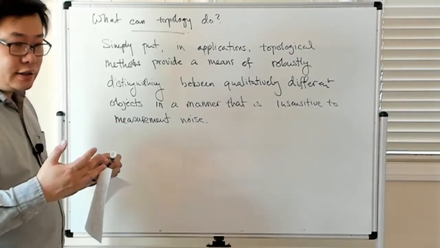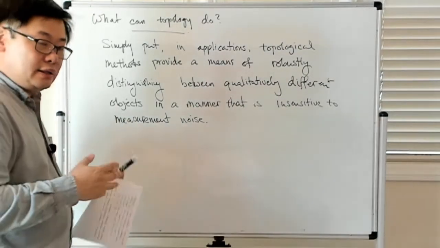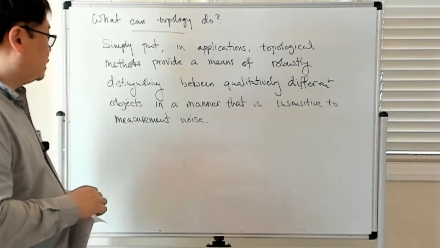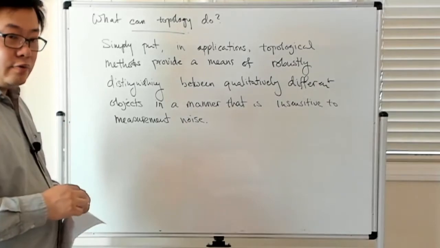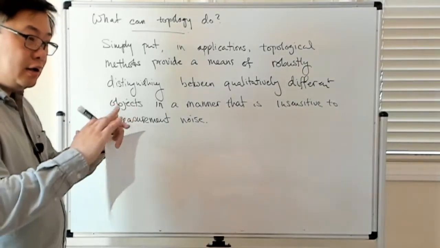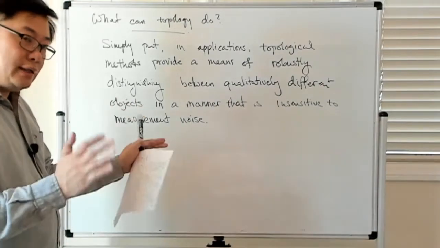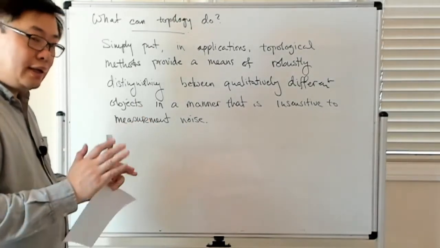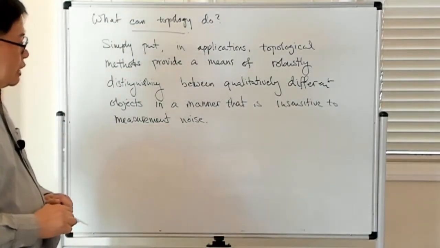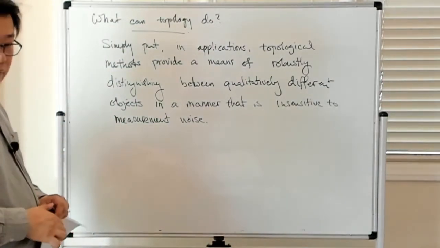The problem, of course, is that when we looked at these examples about the torus, the cylinder, and the sphere, and we were computing the Betti numbers, that really relied on knowing connectivity information, so how points are connected to each other. And if the only thing you have are point cloud samples, you don't have that connectivity information.